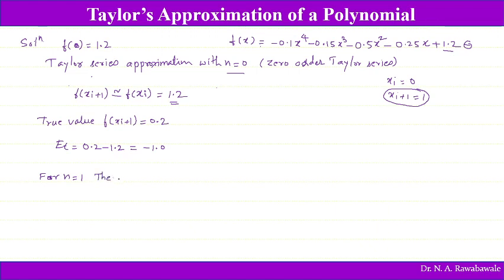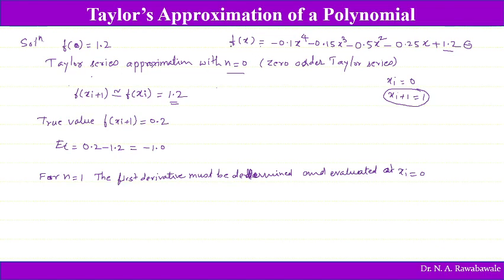So the first derivative of function must be determined and evaluated at xi is equal to 0.